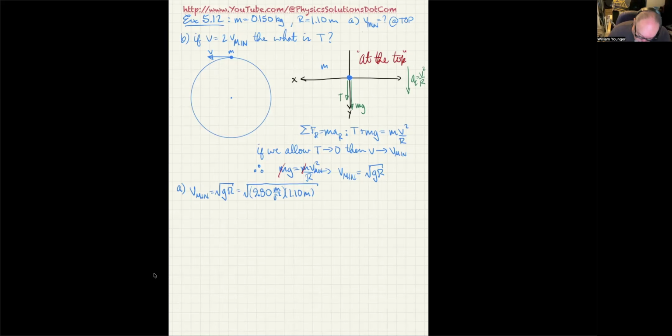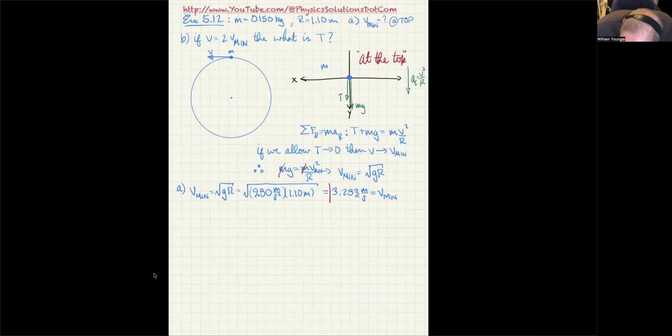Now I'm going to take the square root of that, and that gives me 7 root 22 over 10, which is super helpful, but it actually works out to 3.283. We really only had 3 sig figs, so I underscore the 3, but that's 3.283 meters per second, which is equal to v min.